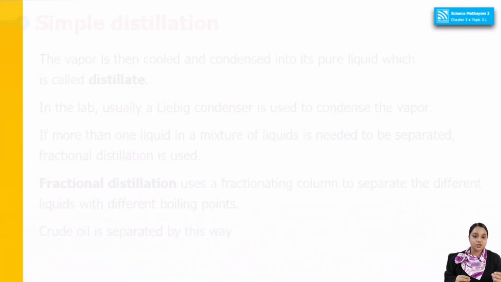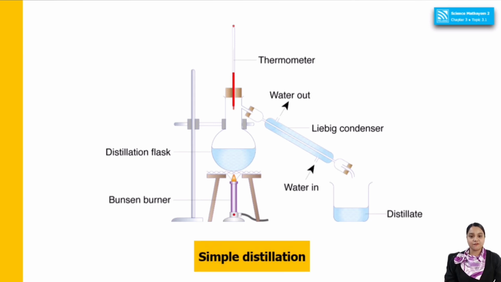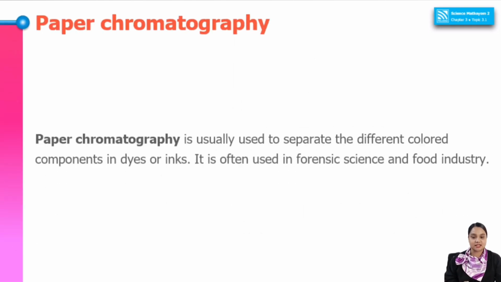The condenser cools the vapor, and the vapor changes back into a liquid. And this pure liquid is called the distillate. We have fractional distillation. Of course, if a mixture contains more than one liquid, we use fractional distillation. For example, crude oil is separated into different fuels such as gasoline and diesel.